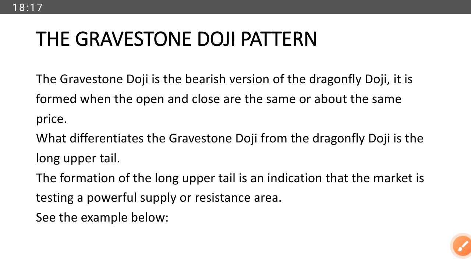It is formed when the open and close are the same or about the same price. What differentiates the gravestone doji from the dragonfly doji is the long upper tail. The formation of the long upper tail is an indication that the market is testing a powerful supply or resistance area.